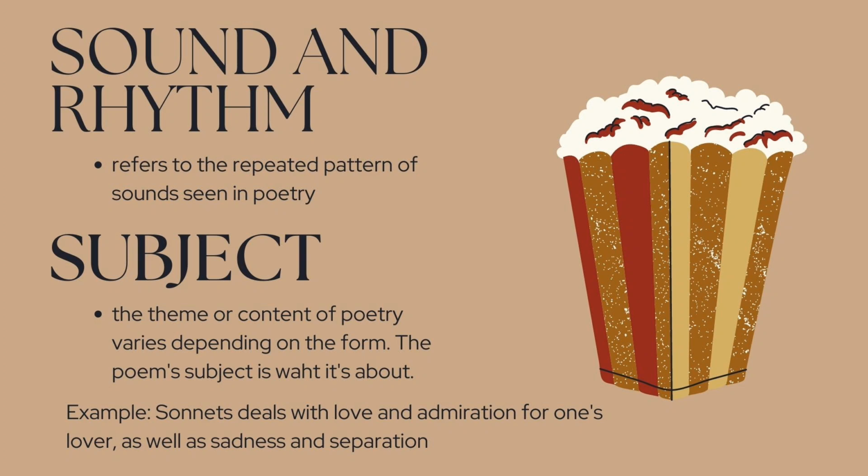Next one is the subject. Subject is the theme or content of poetry that varies depending on the form. The poem's subject is what it's about. An example is the sonnet, which deals with love and admiration for one's lover, as well as sadness and separation.